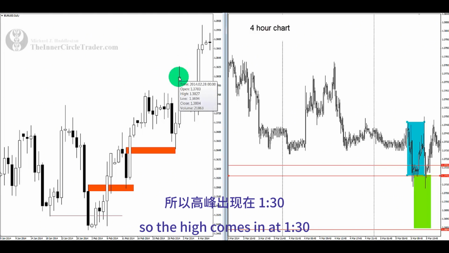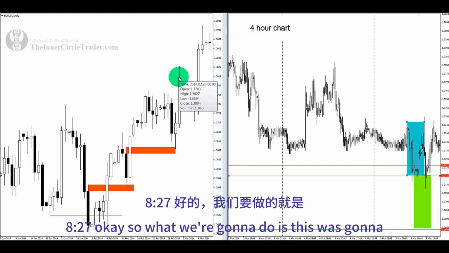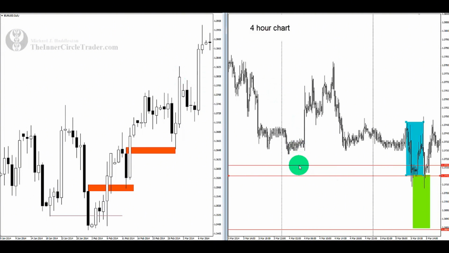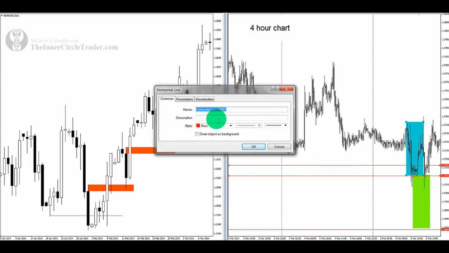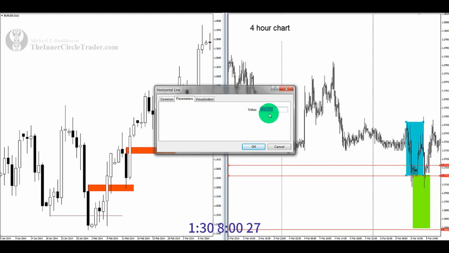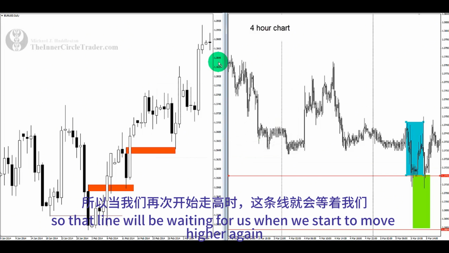So the high comes in at 138.27. What we're going to do is change this to 138.27, so that line will be waiting for us when we start to move higher.